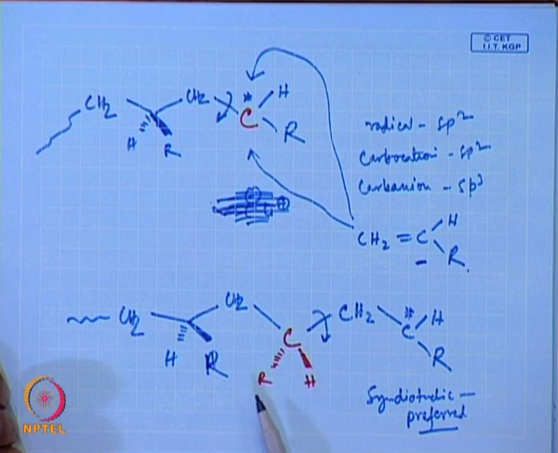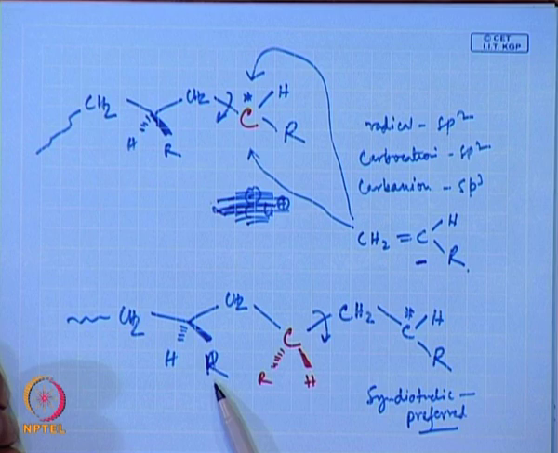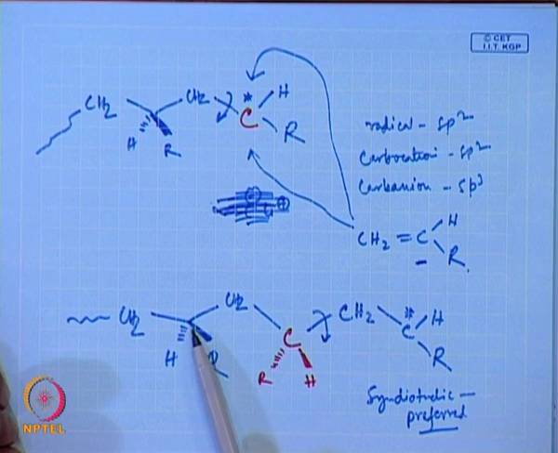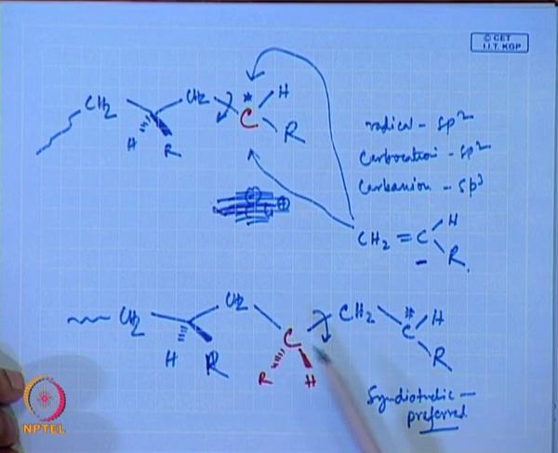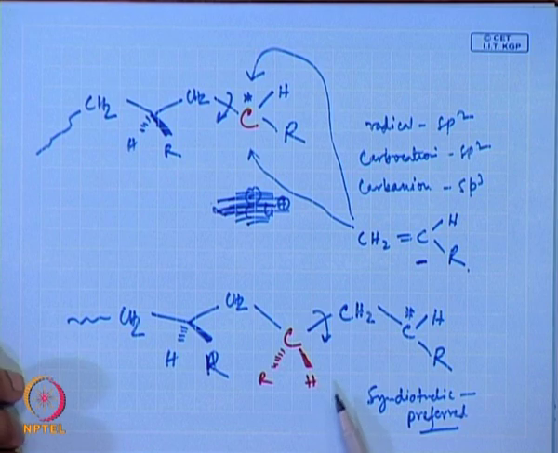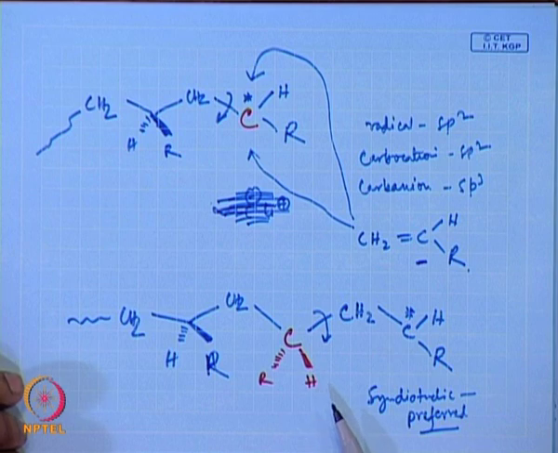Obviously it is always preferred that this bulky substituent group will be on the other side of the R group in the penultimate carbon, which means syndiotactic addition will always be preferred over isotactic addition, and this preference will always go up if we decrease the temperature.